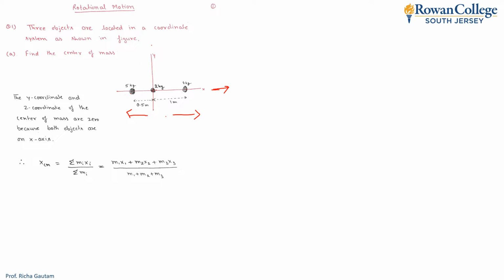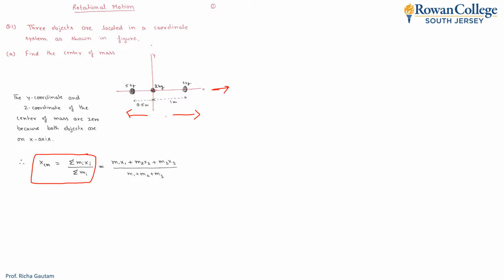So the x-coordinate of the center of mass has this formula: the summation of m_i x_i divided by the summation of m_i. m_i means all the different masses, x_i means all the x distances from the axis of rotation.